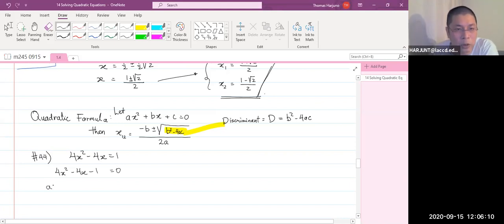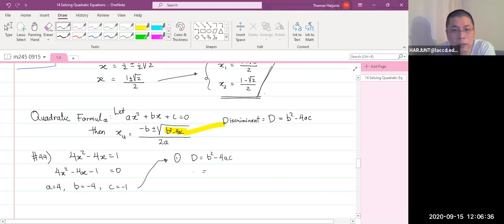Then we see the a is 4, the b is -4, the c is -1. Before I use the formula, compute the discriminant first. The discriminant is b squared minus 4ac.